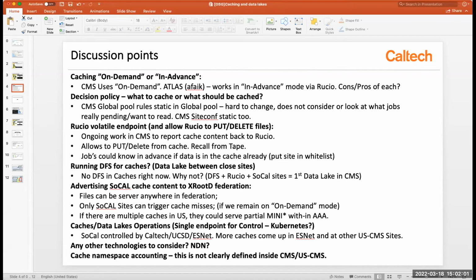So it has been built into the workload management system and Rucio, independent of the caching technology itself. We should have invited Ilya here to give us a lecture on it, but it's called BP.